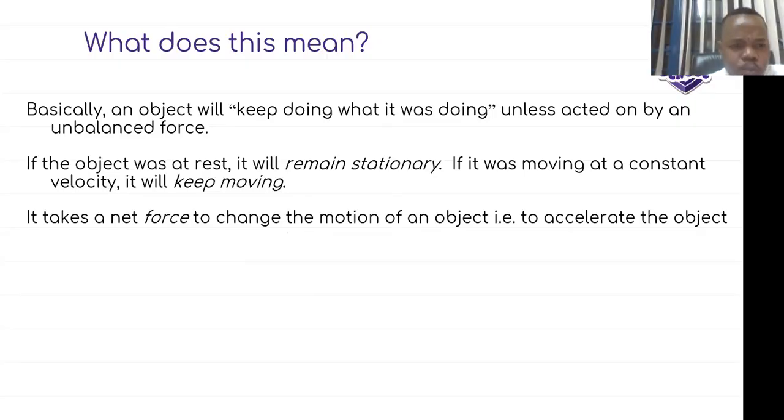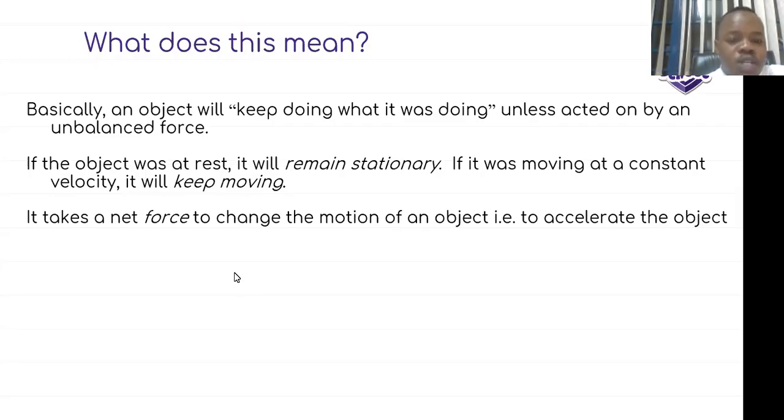Now, when we say an object will keep doing what it was doing, unless this unbalanced force acts on it, meaning if it was stationary, it will remain stationary unless there's a net force acting on it. If it was moving at a constant velocity, it will continue moving at a constant velocity unless there is a non-zero net force that acts on it, which is your unbalanced force.